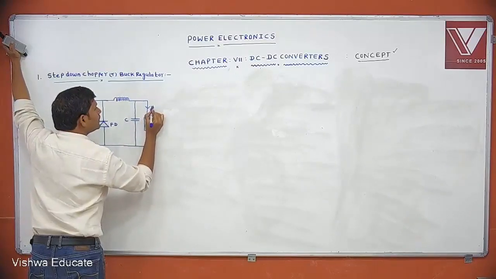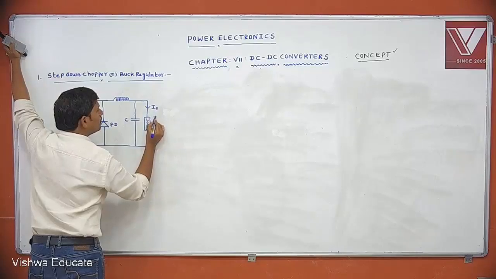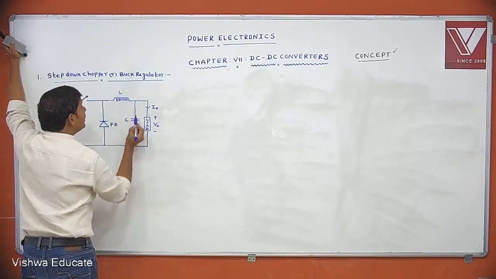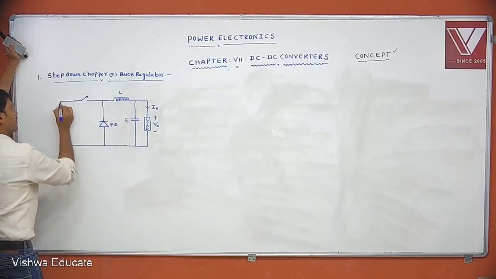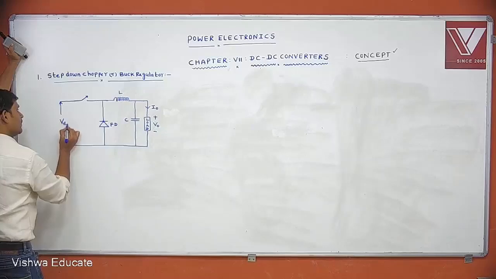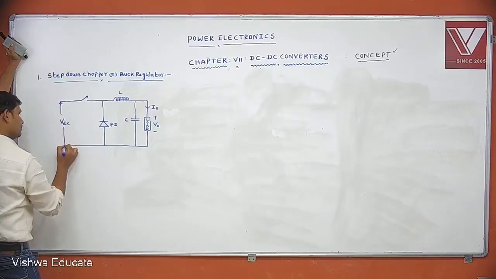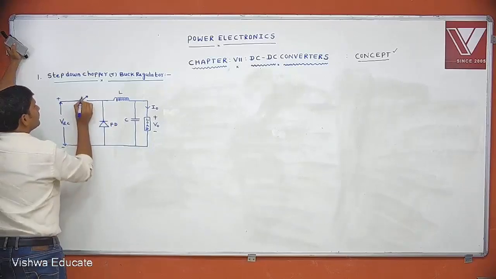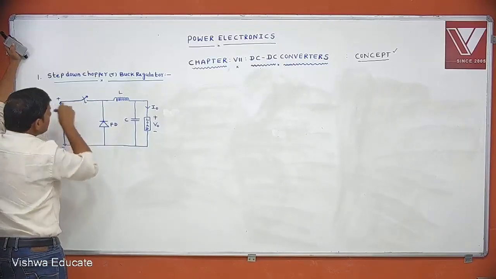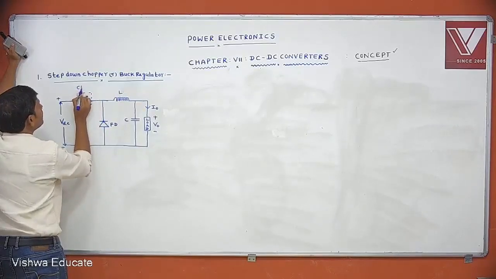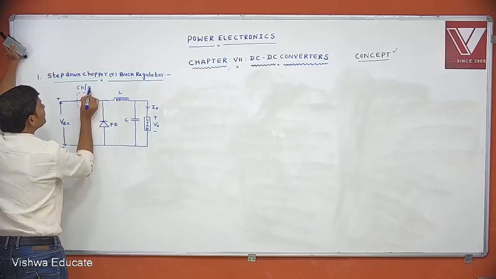Let this be I now. Voltage across the load is the same. This is L, this is C. The supply voltage is VDC, with this plus and minus. This is chopper or switch.